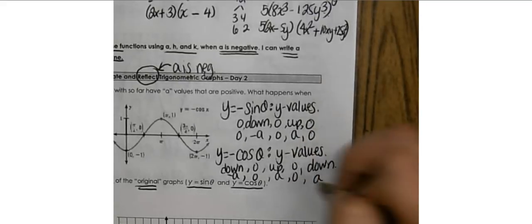So we'll start with a negative A, then 0, then up to A, then back to 0, then down to negative A. And so everything that we've learned so far is going to be the same. The only difference is that instead of going 0, up, 0, down, 0, we're going to be reversing it or reflecting it. So any value that was positive will now be negative. Any value that was negative will now be positive. Everything else that we've done is going to be essentially the same.